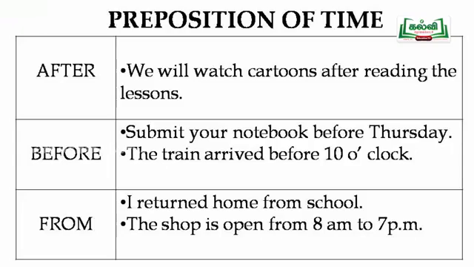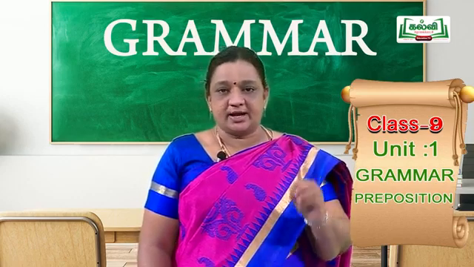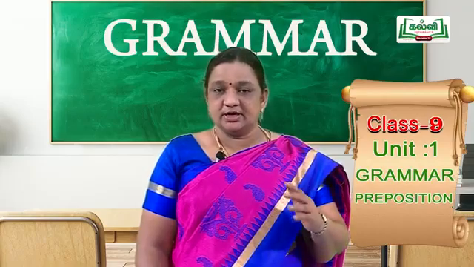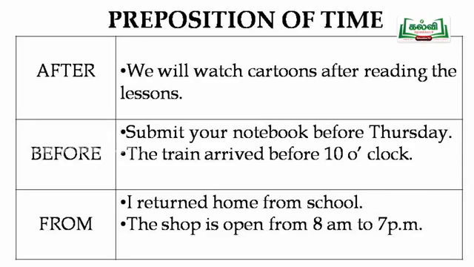The train arrived before 10 o'clock. So the train was supposed to arrive at the station at 10 o'clock, but it arrived before the time. The train arrived before 10 o'clock. The next preposition is "from".